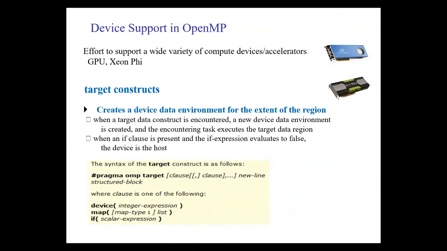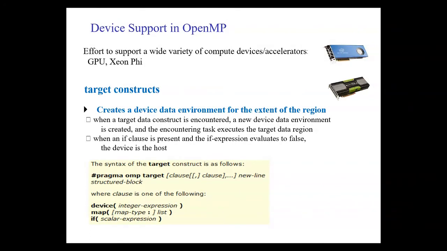Now it was added since OpenMP 4.0, and then OpenMP 4.5 made it run not only on GPUs but also on all kinds of accelerators, like Xeon Phi as well. The construct name they used is the target construct.